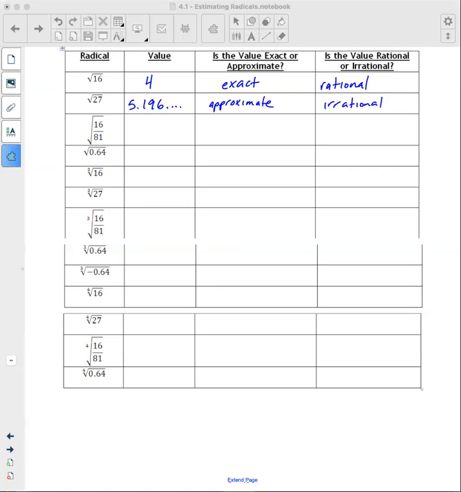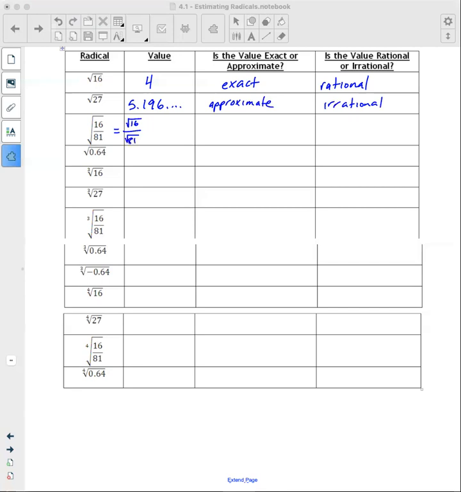So if we are taking the square root of a fraction, we do want to simplify this fraction as much as possible first. Okay, so if we're square rooting a fraction, we can simplify that to taking the square root of the numerator, so square root of 16, and also taking the square root of the denominator.